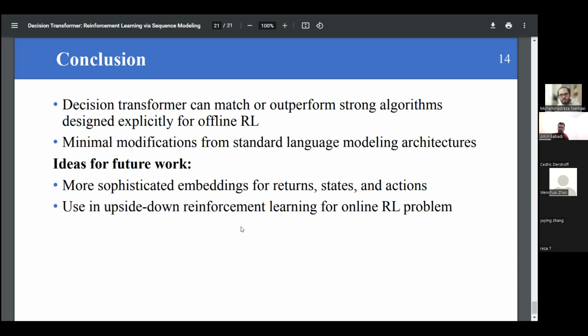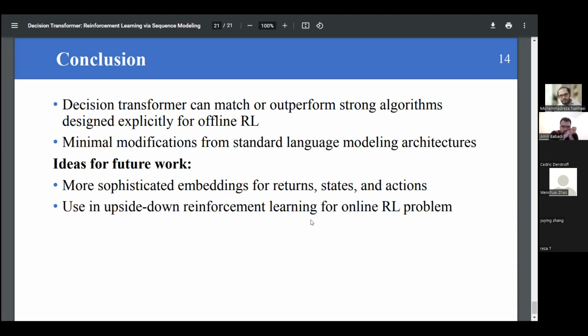This work was done in offline reinforcement learning. Upside down reinforcement learning is an algorithm that tries to solve RL problems using supervised learning techniques, and it's really similar to this work. We can use transformers, for example a GPT model, in the behavior function of upside down reinforcement learning for online RL problems.